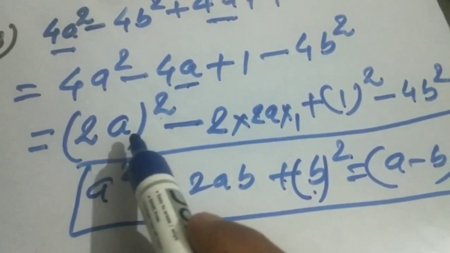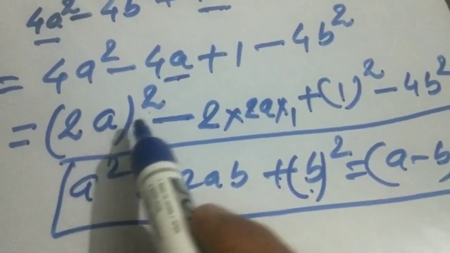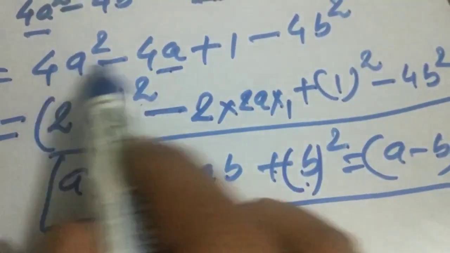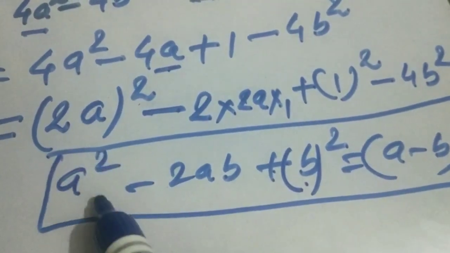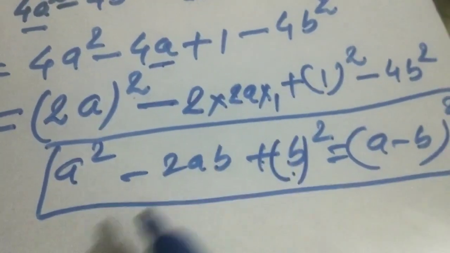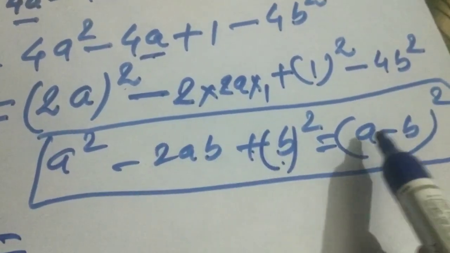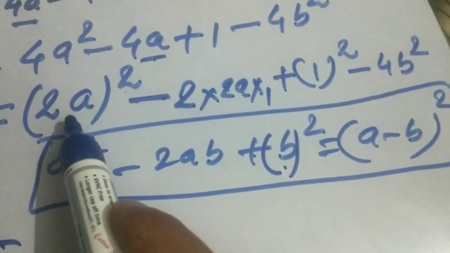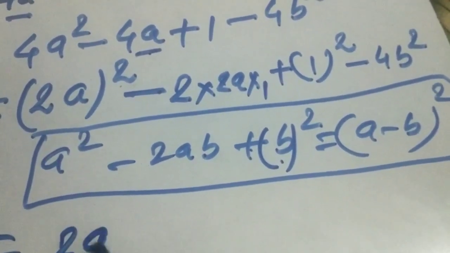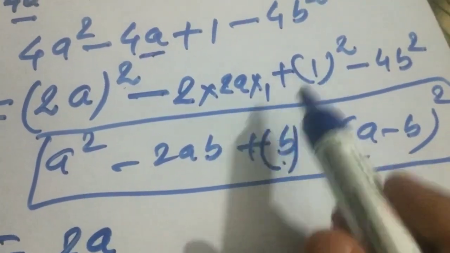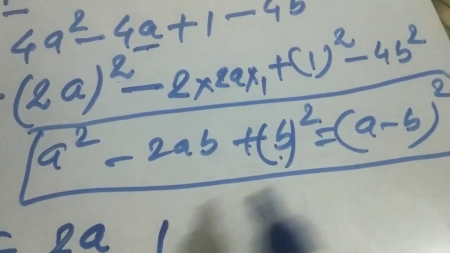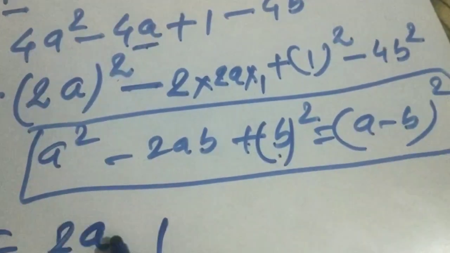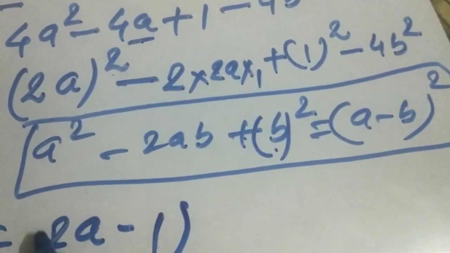So you have to arrange this expression in the form of a square minus 2ab plus b square, which is equal to a minus b the whole square. So at the place of a here is 2a, and at the place of b is 1, and between them put a minus sign and the whole square.